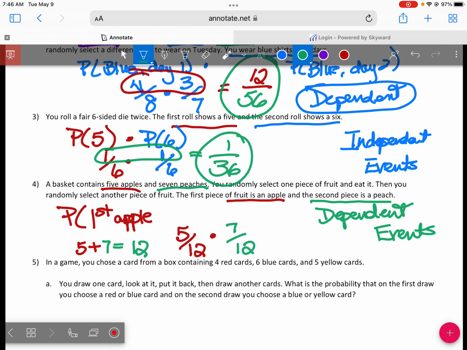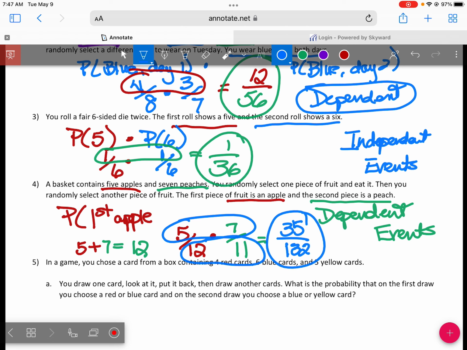So you only have 11 to choose from. 7 out of 11. Yes, it should be 11. So 5 out of 12 for getting the apple times 7 out of 11. Multiply top times top. 5 times 7 is 35. Over 12 times 11. Looks like 132. Okay. 35 out of 132.